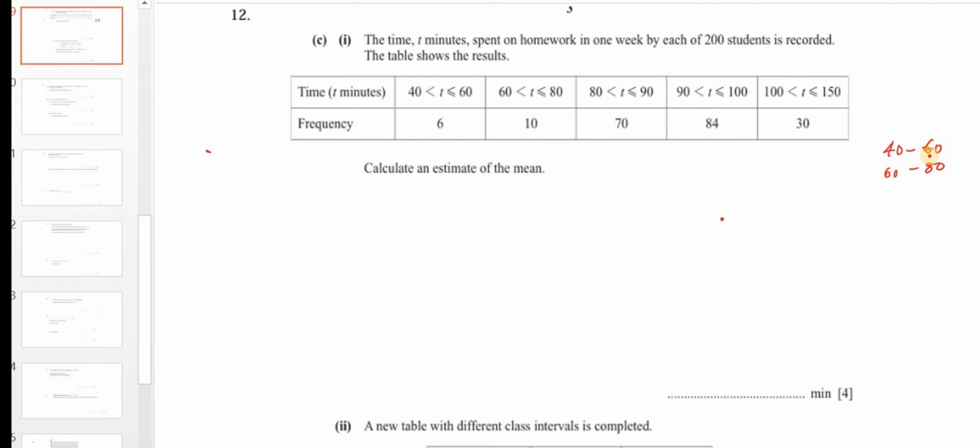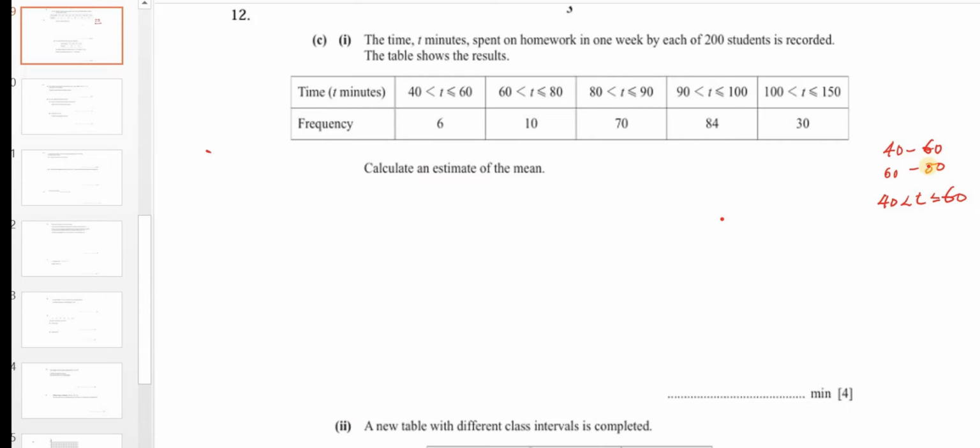But in Cambridge exam, they use 40 less than t less than or equal to 60. So this is different from this.